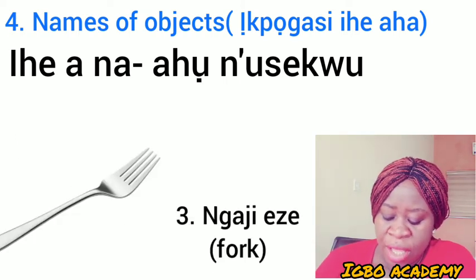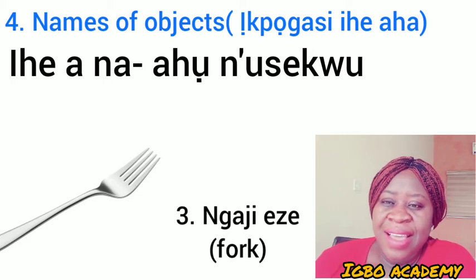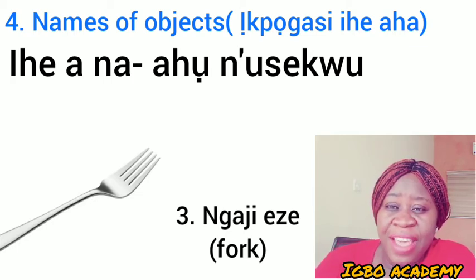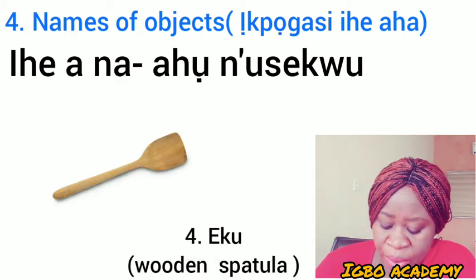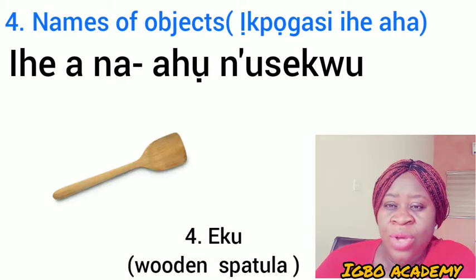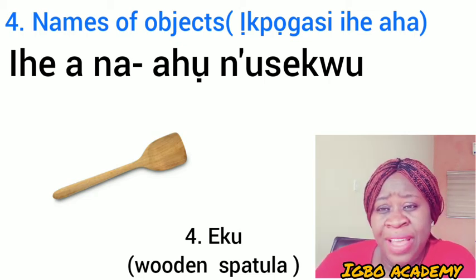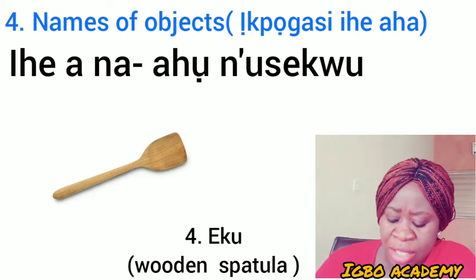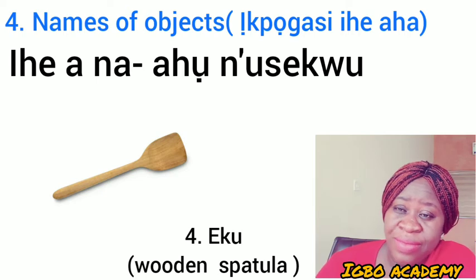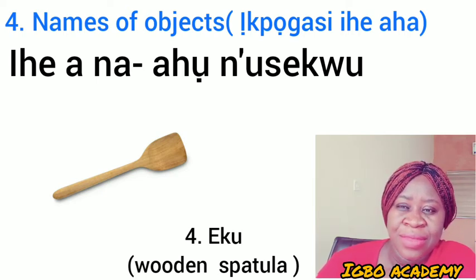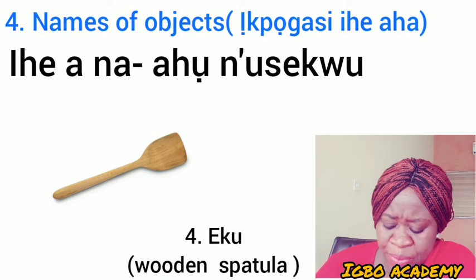Then 3, the fork, and it is called ngajieze. That's fork used in eating. Then number 4 is the wooden spatula used in turning something on the fire, and it is called eku. You use it in turning gari, in turning semovita, and the rest.